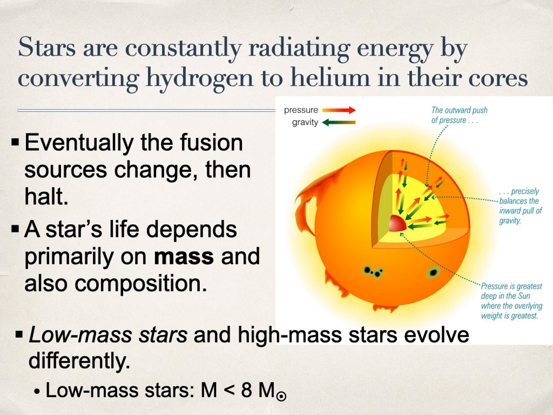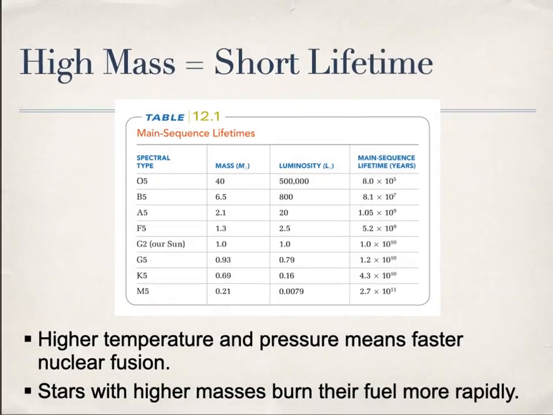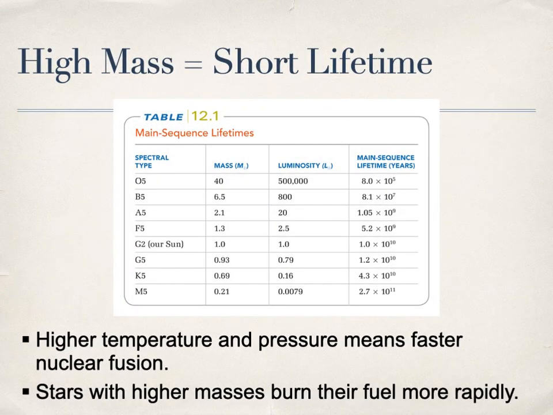So we're going to move along here and take a look at what the differences are between some different mass stars. We've got a little table of the spectral types of stars, the O, B, A, F, G, K, M stars that we learned a little bit about that are on the HR diagram.